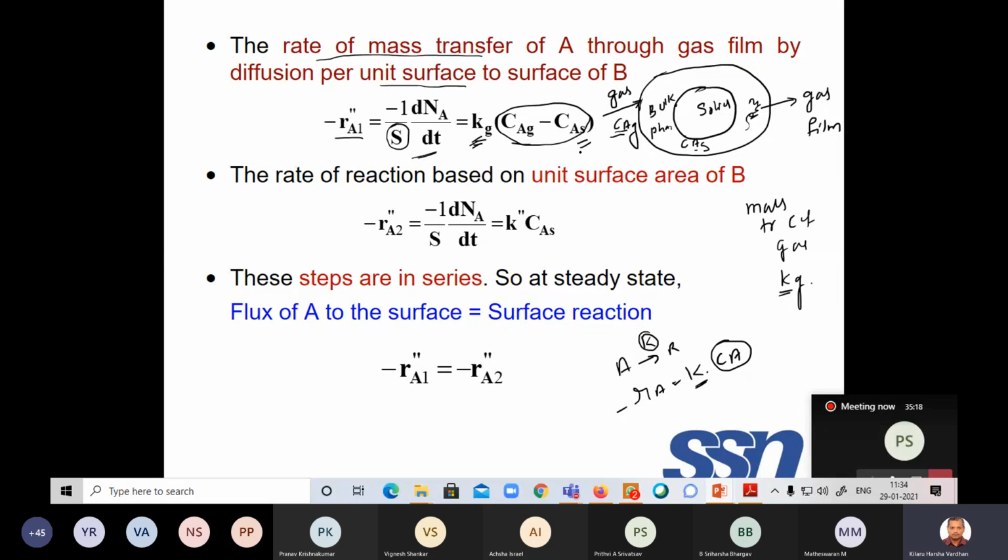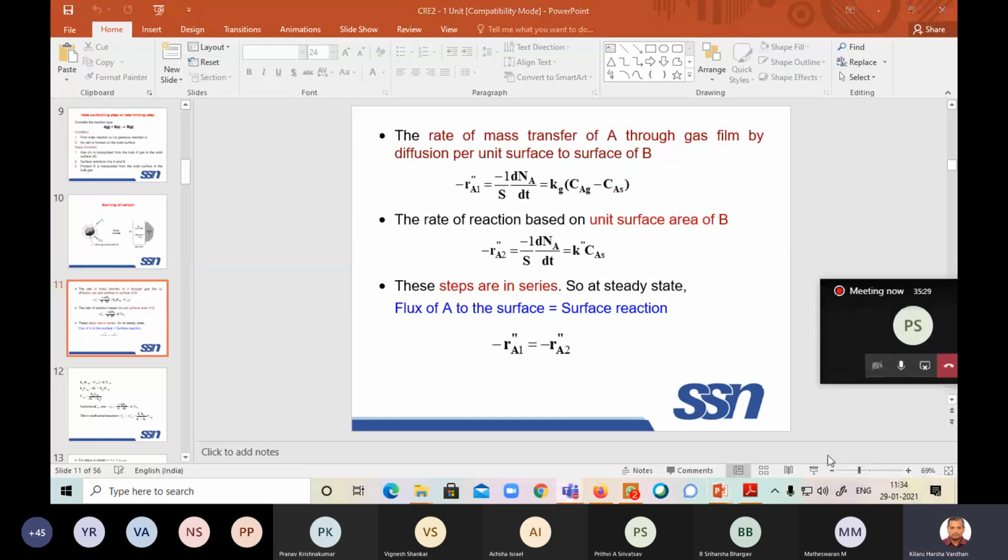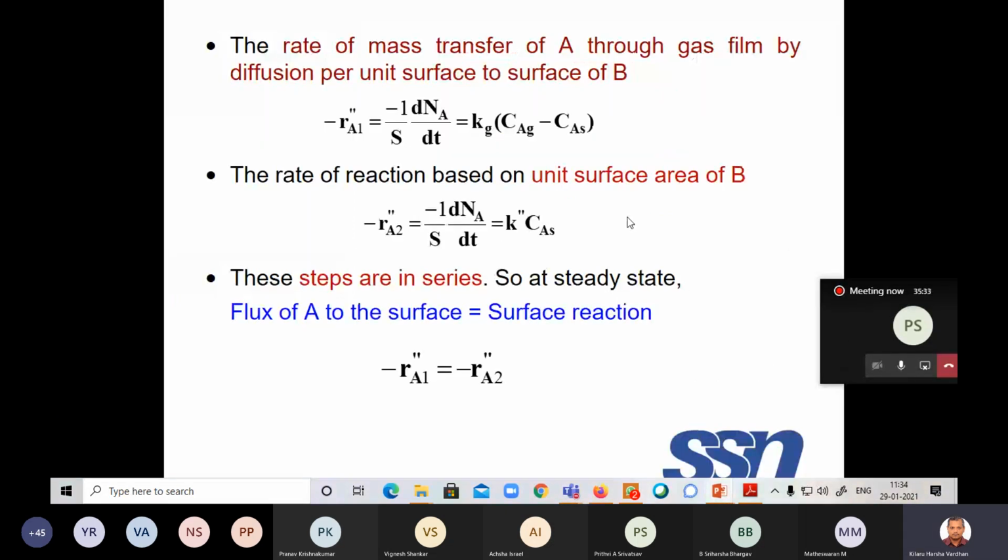Yeah, how many people not able to understand this? Yeah, please. Yeah, how many people not able to understand this step? Yeah, please read it out in this step. This is solid. This is the gas. The concentration is, this is CAS, and here the concentration is CAG.